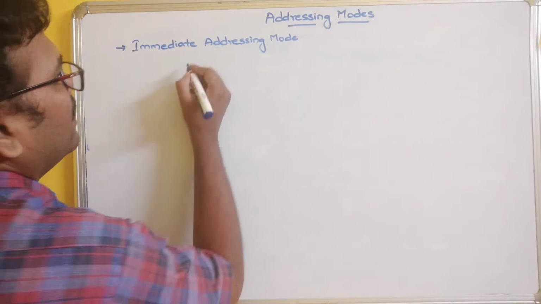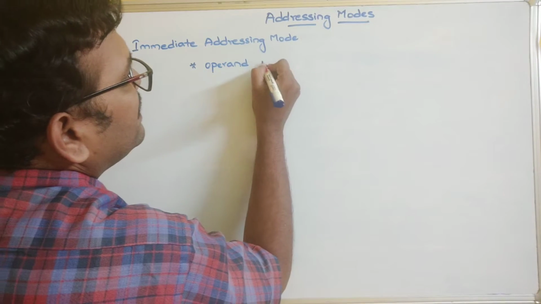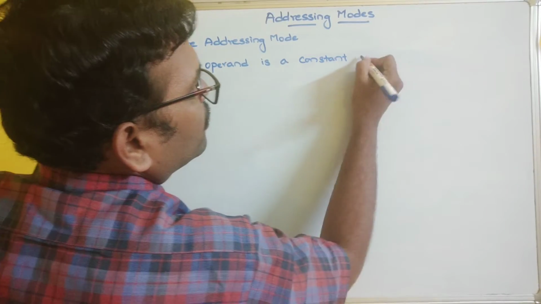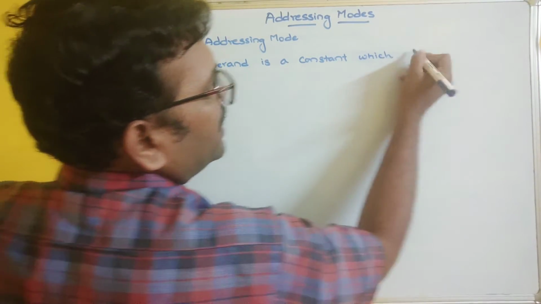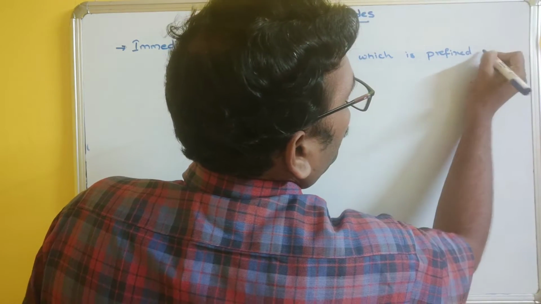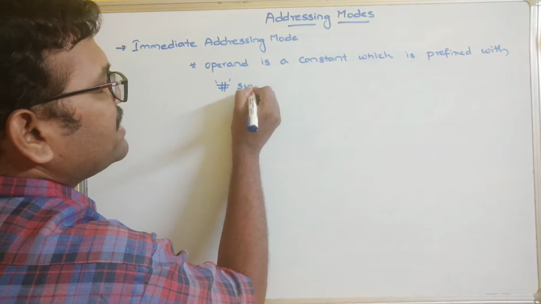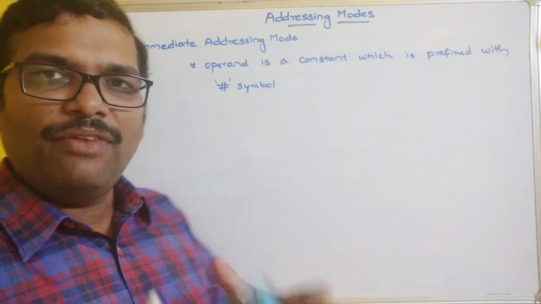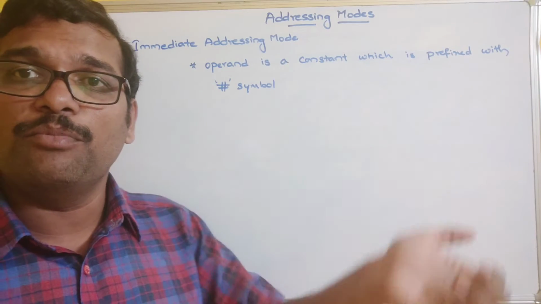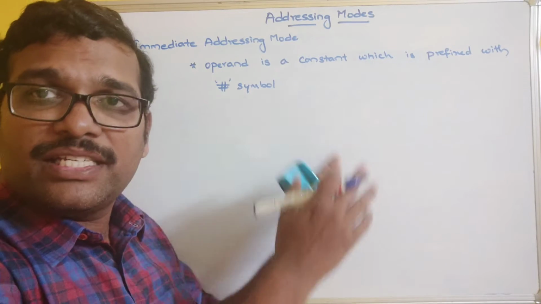Here the operand is a constant which is prefixed with a hash symbol. So whatever the constant, that will be directly initialized to some register. So that is called an immediate addressing mode. There will be no memory, so directly the constant will be assigned.